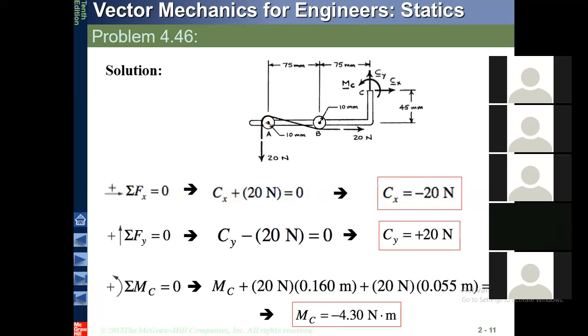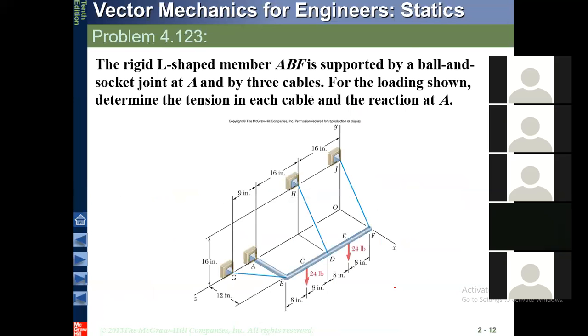And also you have a radius for the pulley, right? And this is 10. So it is going to be 160 millimeter, right? Okay, and then you convert it to meter. Okay, let's move forward.